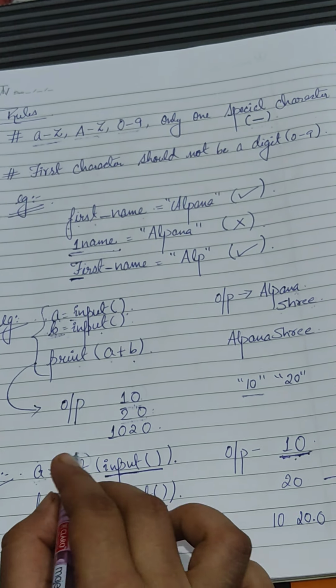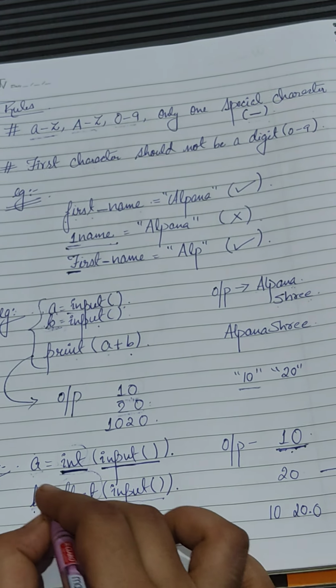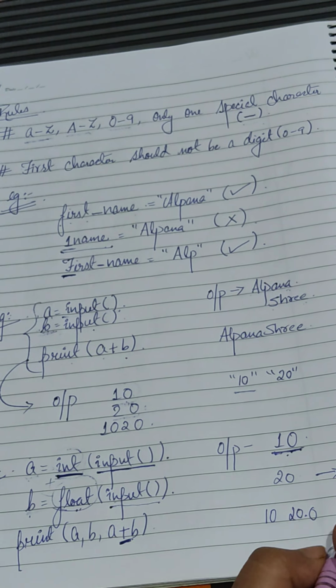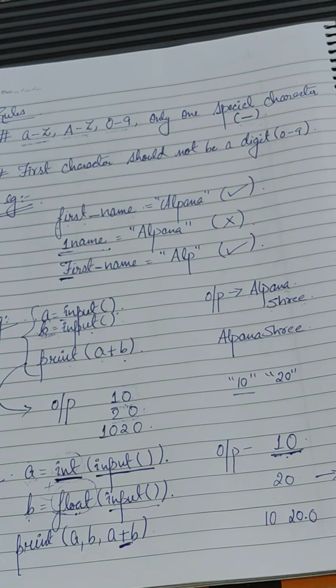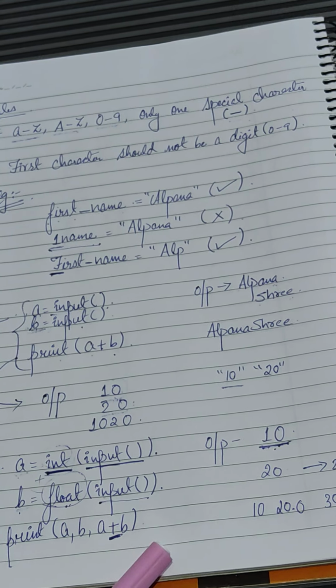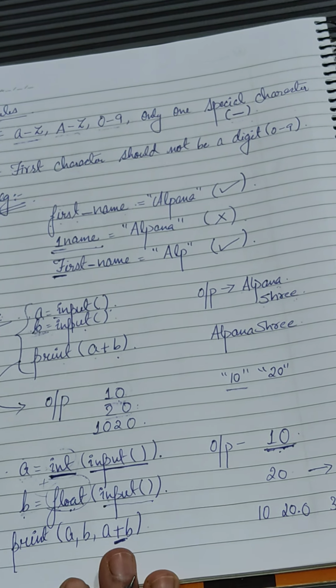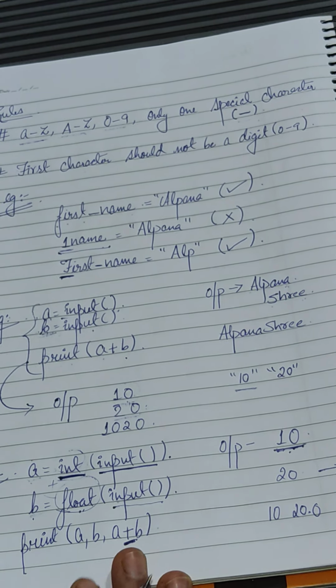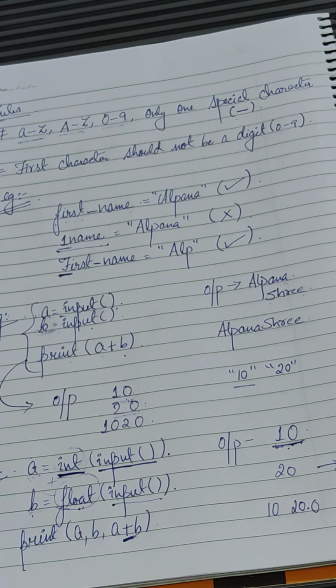Because one is an integer and one is a float. When we add both, the result is converted to a float. This is very basic to understand the Python concepts.